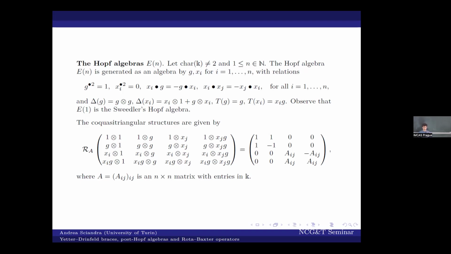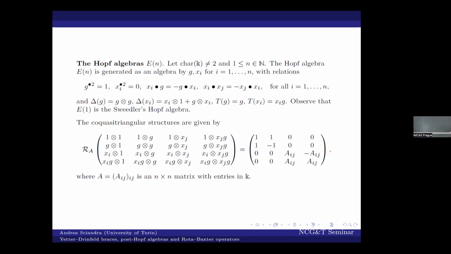Again, G is group-like, and on all xi, the delta is skew primitive, so delta of xi is xi tensor 1 plus g tensor xi. S fixes g, and S over xi is xig. And you can see that if we just consider E1, so just one x, we recover exactly the definition of the Sweedler algebra.